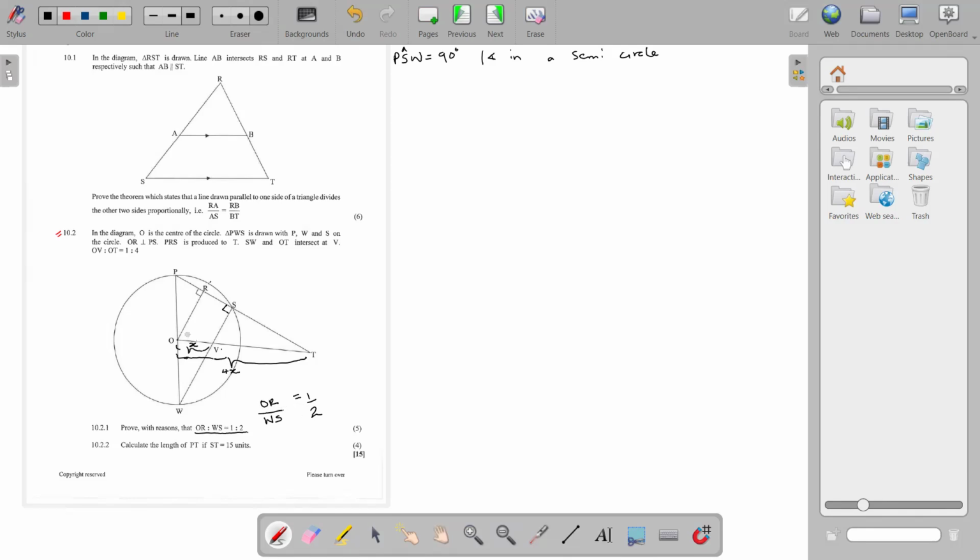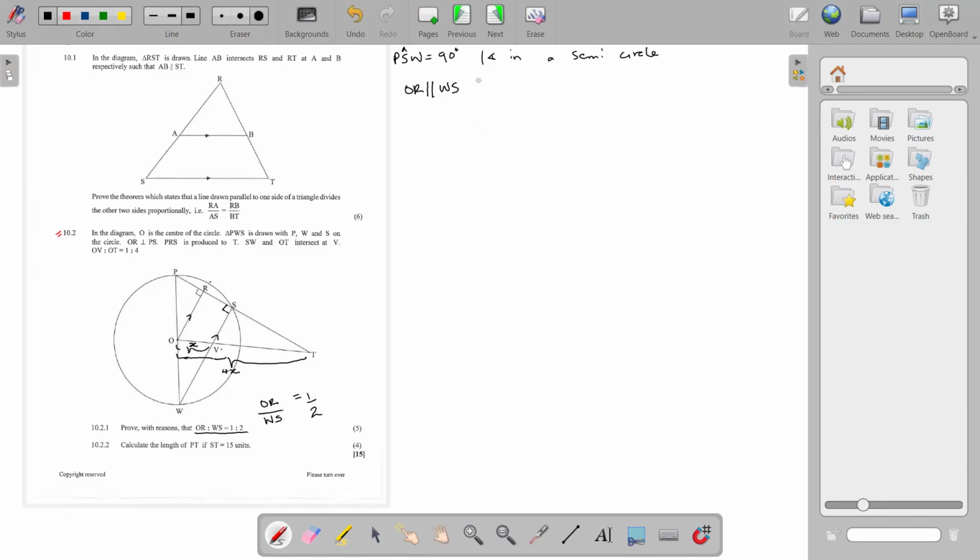So if we are to check in this particular case, because we have proven that this angle is 90 degrees and we are given that this angle is 90 degrees, we can therefore conclude that these two angles are corresponding and they are equal. Therefore, this line and this line are parallel. So we can conclude that OR is parallel to WS.